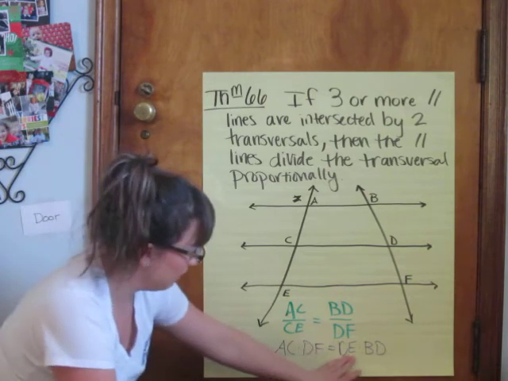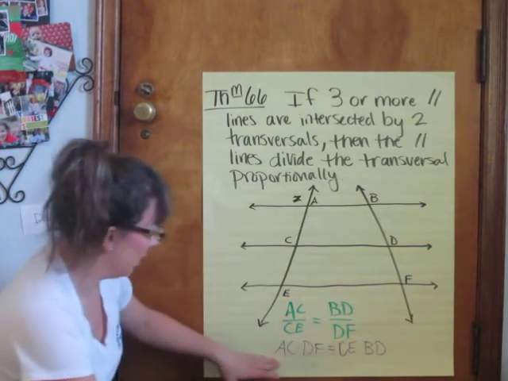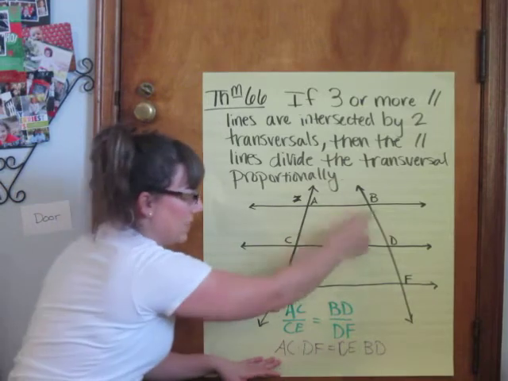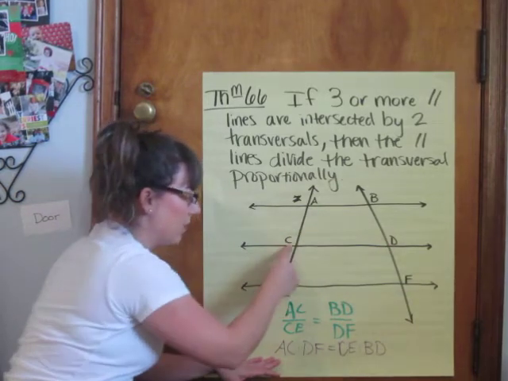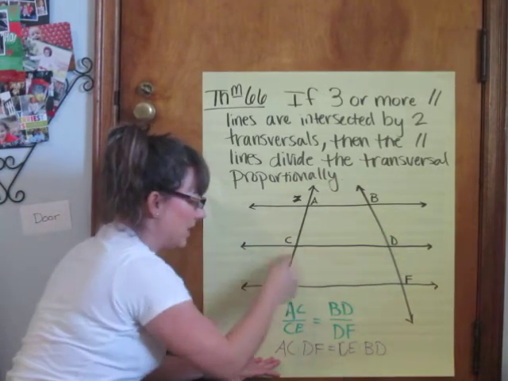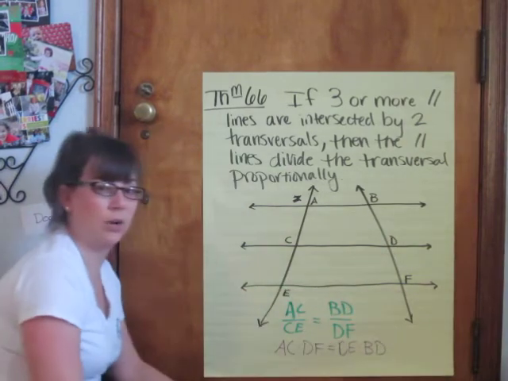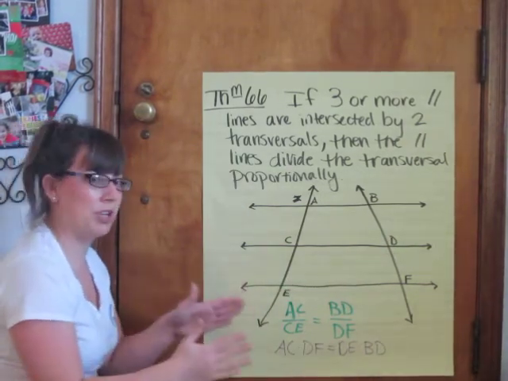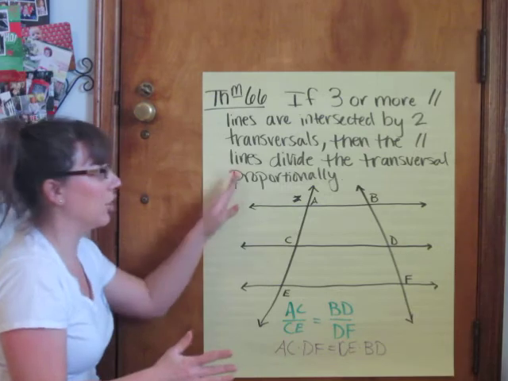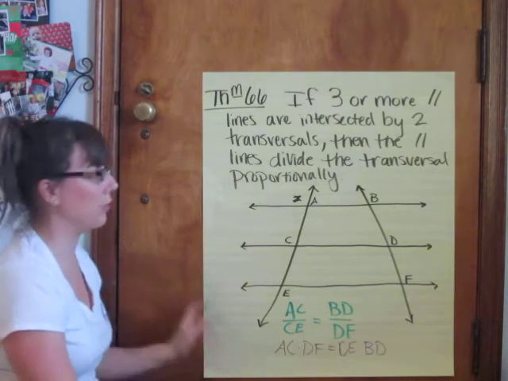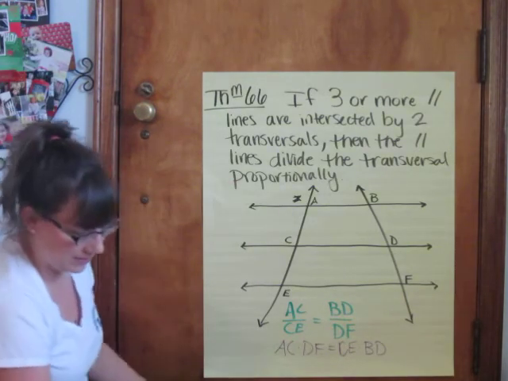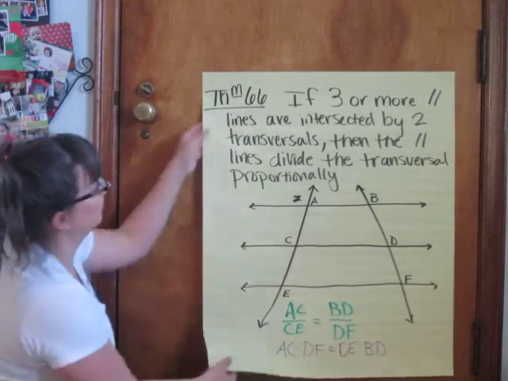Well, I can put DF on the bottom here and BD on the bottom. So AC over BD, then that means that CE is over DF, okay? So just trying to keep that proportionality, keep that order in line, you're going to get what you need. Lots of different ways you can write that one. That is Theorem 66. All right.